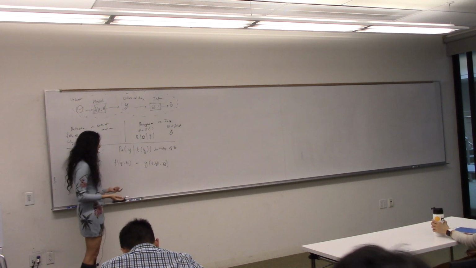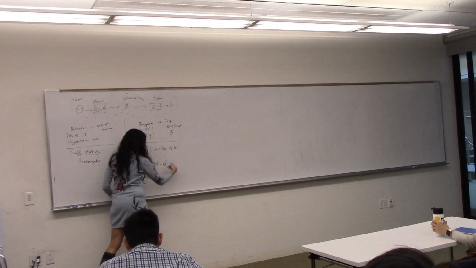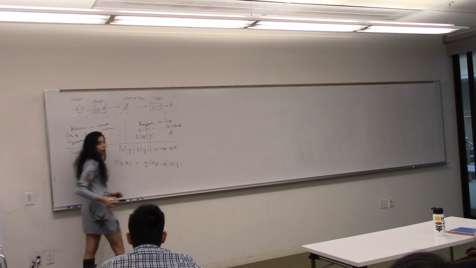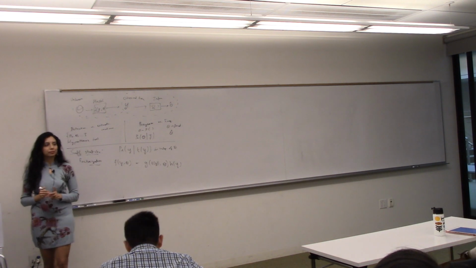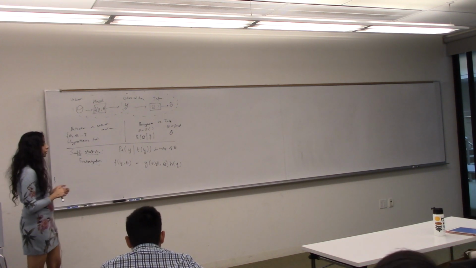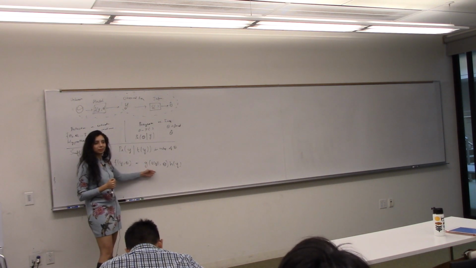And the factor that's left is only dependent on y and not on theta. So if you can factorize the distribution into this form, you've got yourself a sufficient statistic.